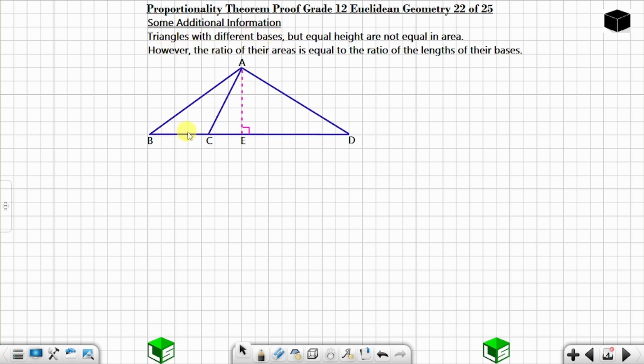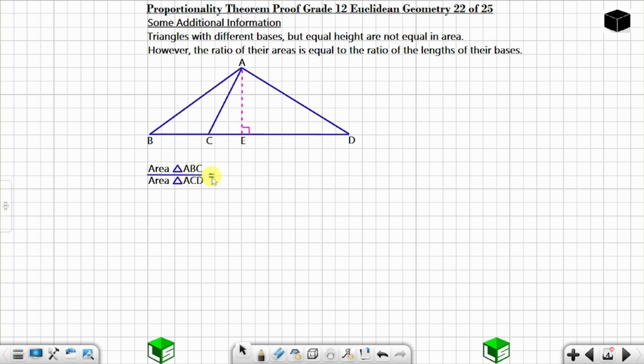Okay, BC is not equal to CD. Now the ratio of their areas, okay, area of triangle ABC over the area of triangle ACD. Okay, so this is a ratio.